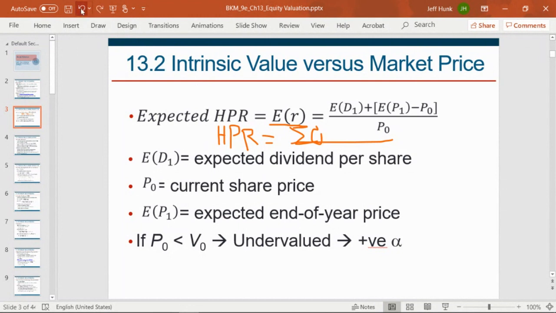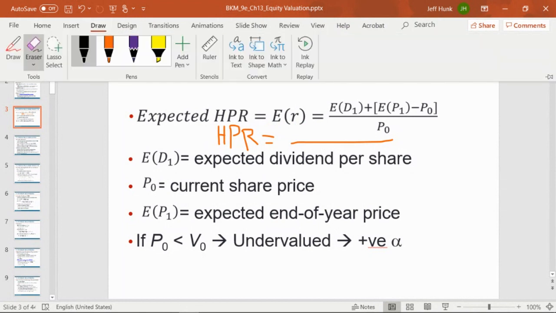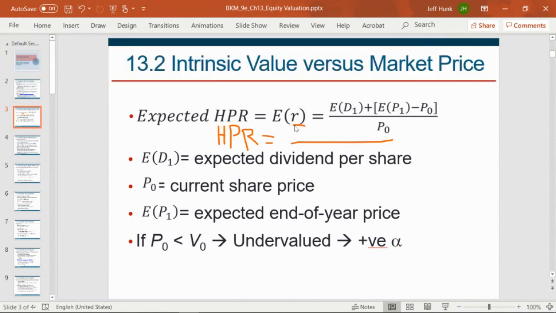This is really hard to write like this. Let me get rid of this. And basically, you get the idea, right? We have the sum of all the cash flows from time 0 to now, time t, right?